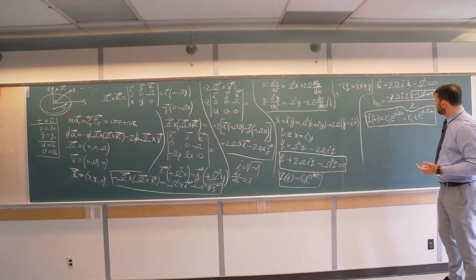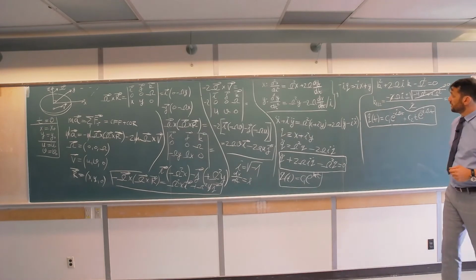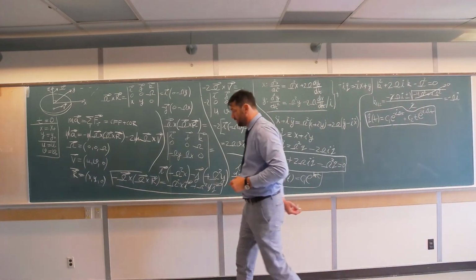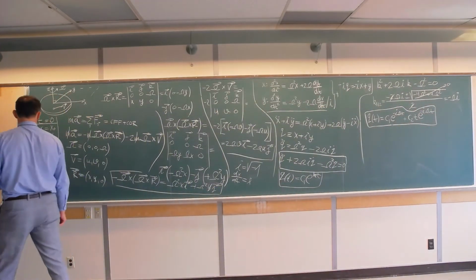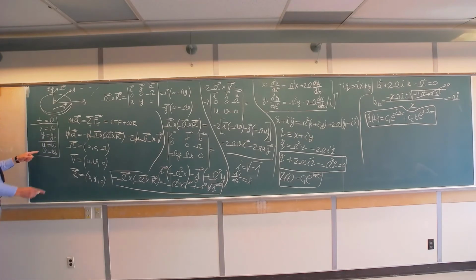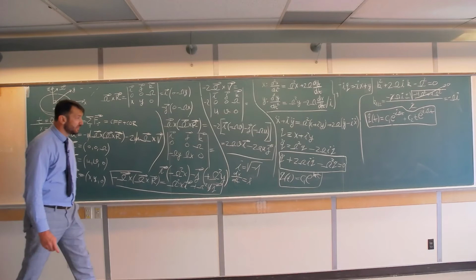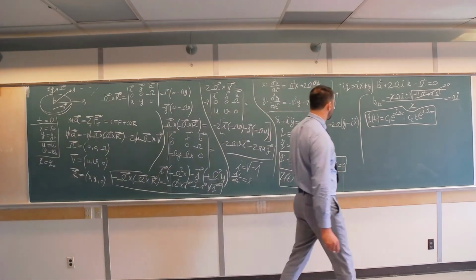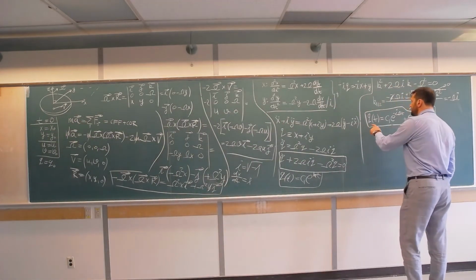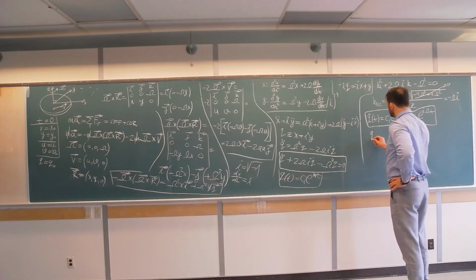To do that, we can use our initial conditions, because if we go back to initial conditions, you will see that at t equals 0, q is equal q0, because q is x plus i y. So let's see what we will get over here. So at time t equals 0, we have q0 equals C1.